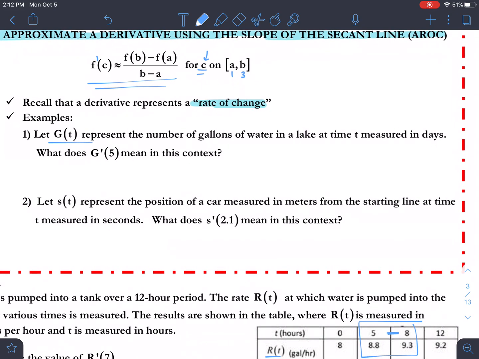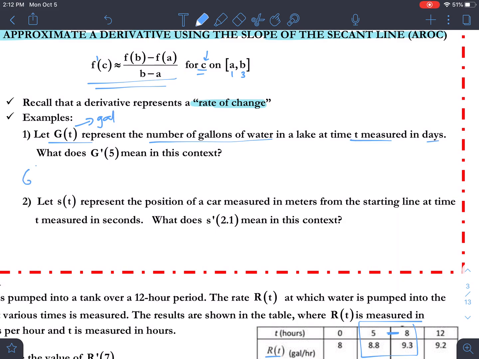So let g of t represent the number of gallons of water in a lake at time t, which is measured in days. What does g prime of 5 mean? And again, we keep in mind that g prime means the slope or the rate of change of g at t equals 5. So we want to just say that, but using the units given. So we know that g of t is in gallons, okay, time is in days.